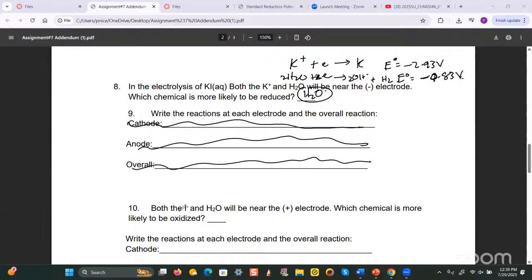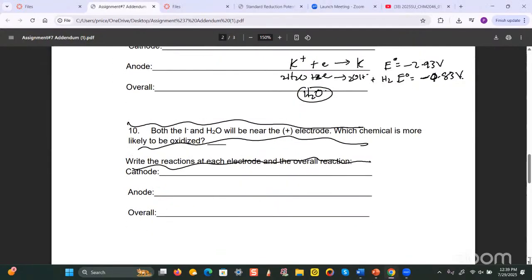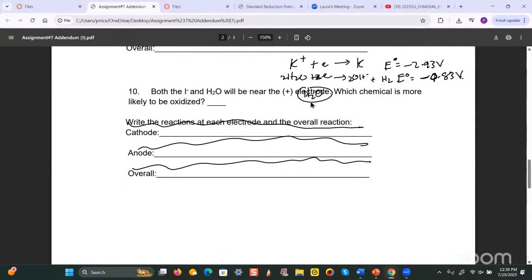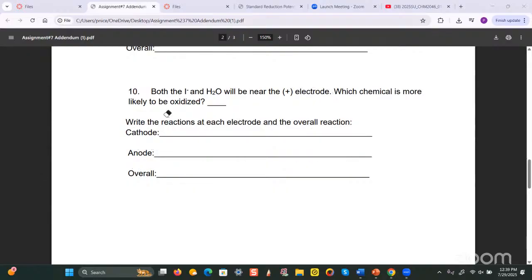And then now we're going to look at number 10, where it's asking for what will happen as far as the iodide and water being attracted to the anode is concerned. So let me clear this. And again, we have to look at the oxidation reaction that would take place. Now, in the case of the iodide, when that undergoes oxidation, it's going to form I2 plus 2 electrons, right?